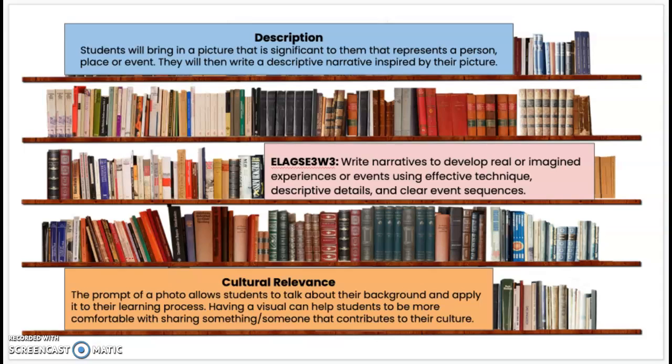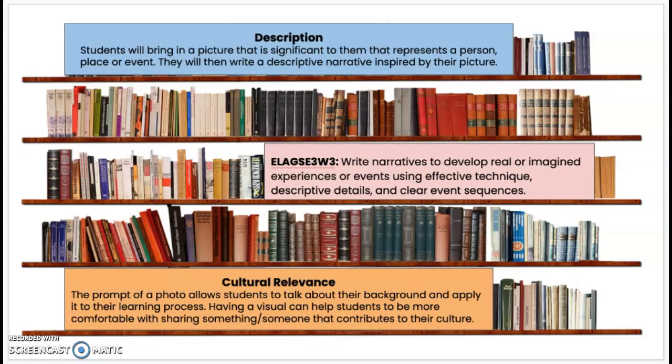So the cultural relevance piece of this is that I'm really hoping that the prompt of a photo will allow students to talk about their background a lot and open up opportunities for them to be comfortable with that and apply it to the learning process of writing narratives.